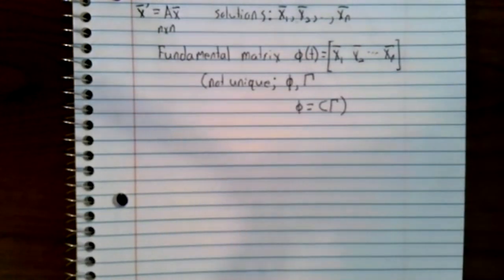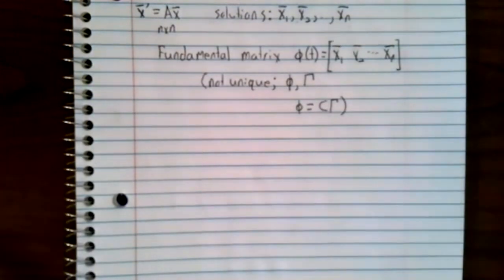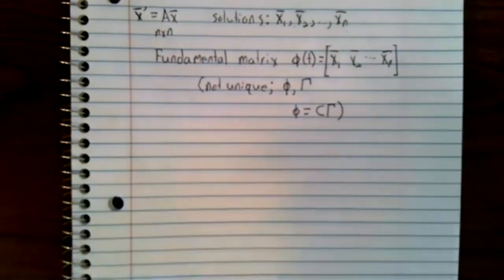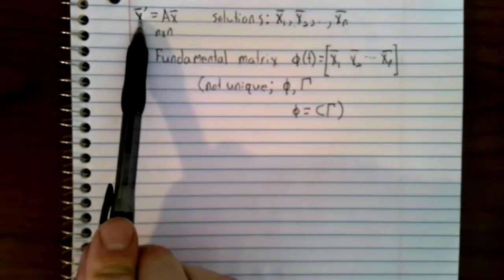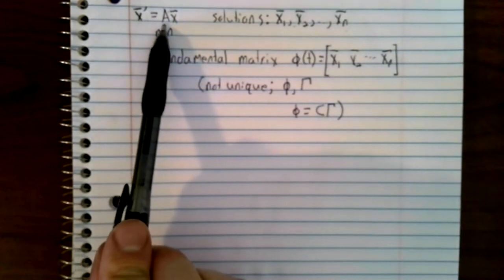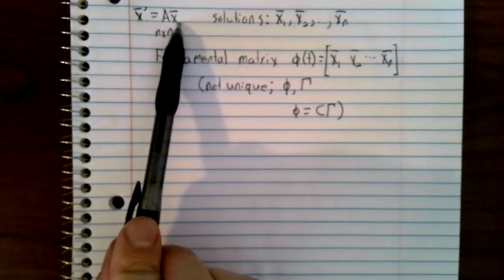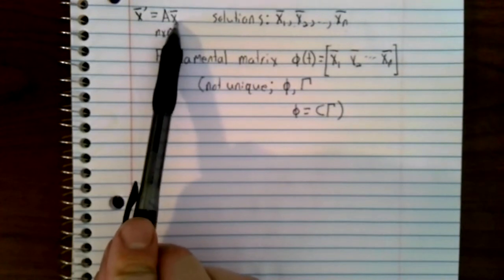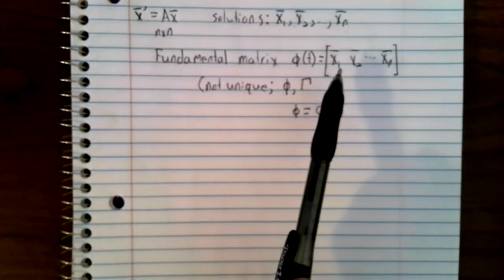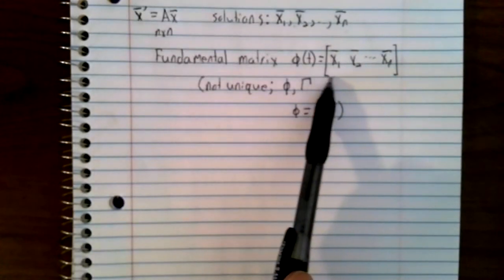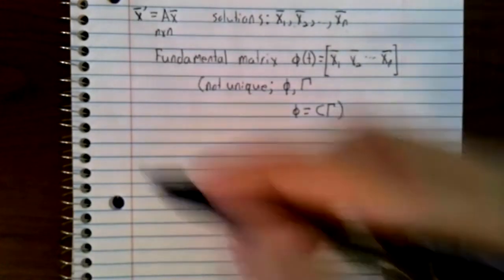Back to this equation. The derivative of a vector equals a matrix A times that vector. We use it to define a fundamental matrix phi.